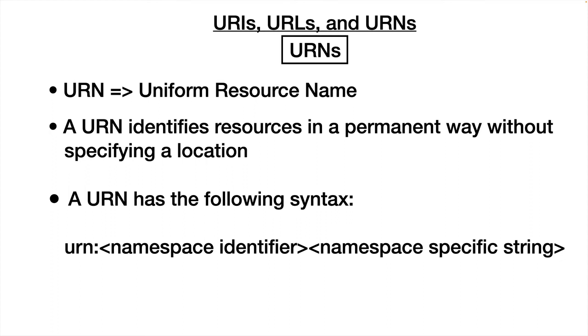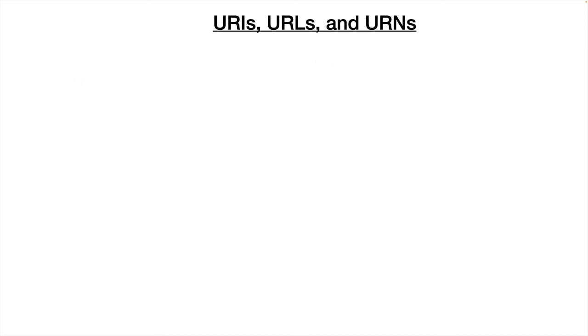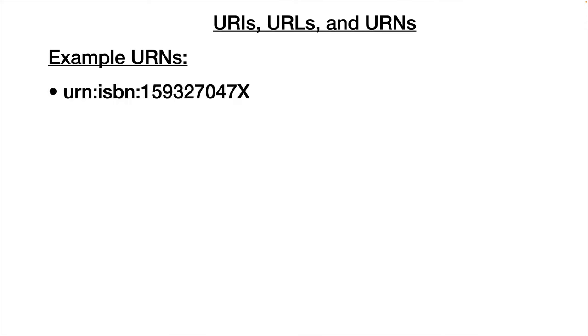And then you have a namespace specific string, which is kind of sub-identifiers, if you will. I think the best way to get a feel for these is to look at some examples. So the first one is urn:ISBN. We'll talk about formal and informal identifiers in a moment, but this is a formal one for identifying a book.